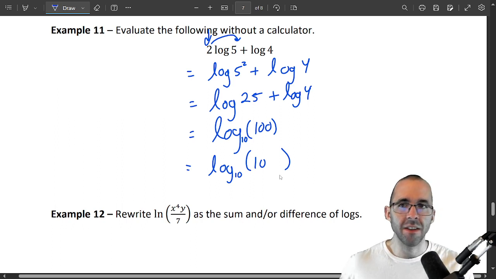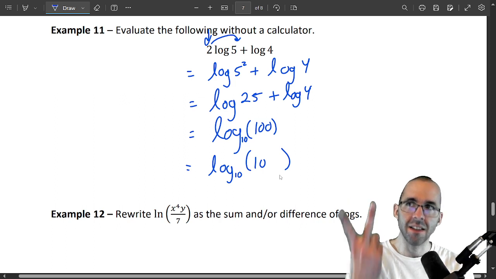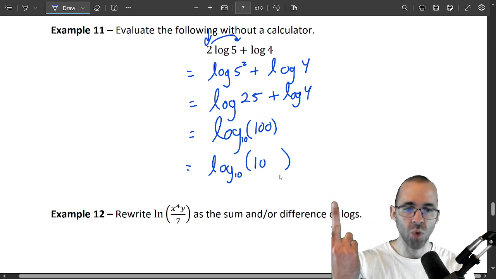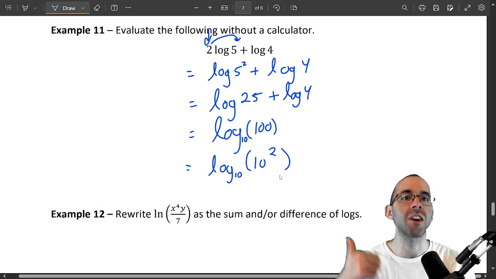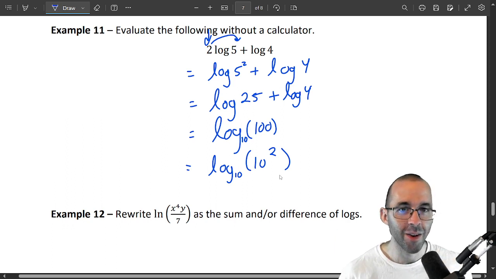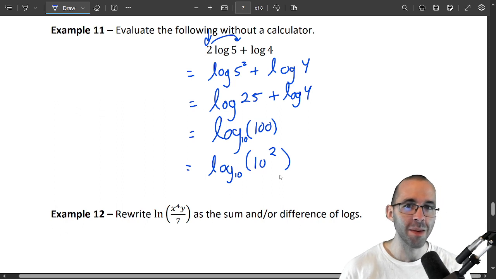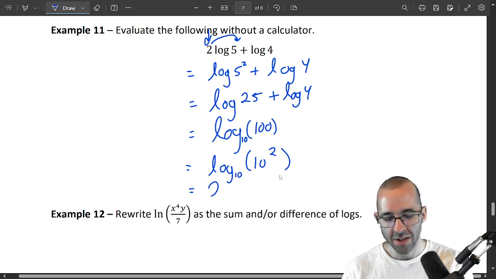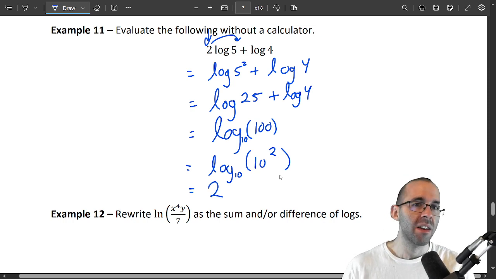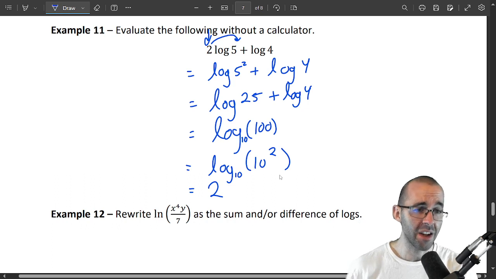So 10 to the first power is 10. 10 to the second power is 100. Great. 10 to the second power. We can use a third property. Oh man, we're using almost every property in this problem to simplify. The logarithm cancels the exponential. We're just left with that 2. That was a first property from the very first video from this section.